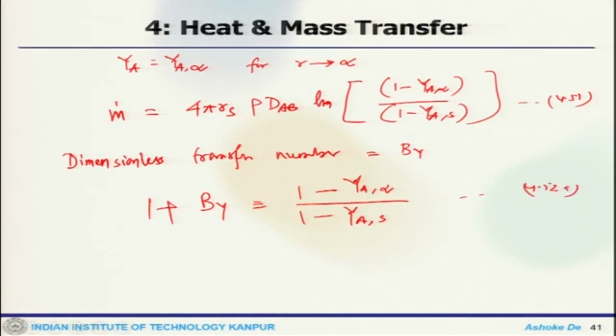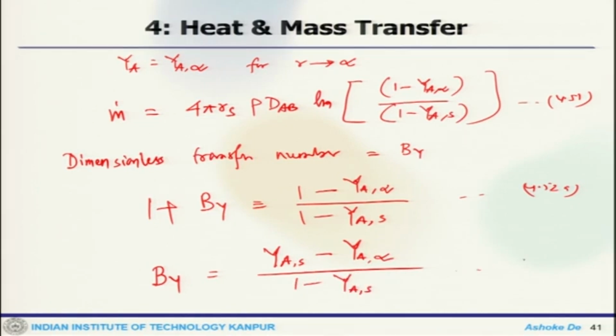Once we define this dimensionless number, we can write it in a slightly different form, that B y equals (y a s minus y a infinity) divided by (1 minus y a s).